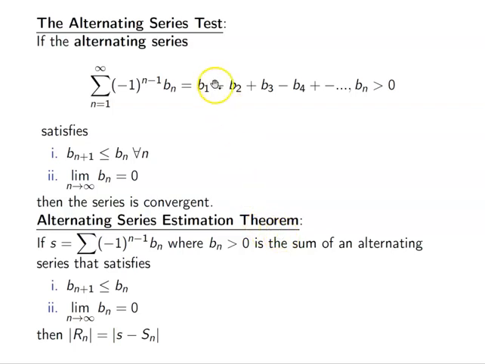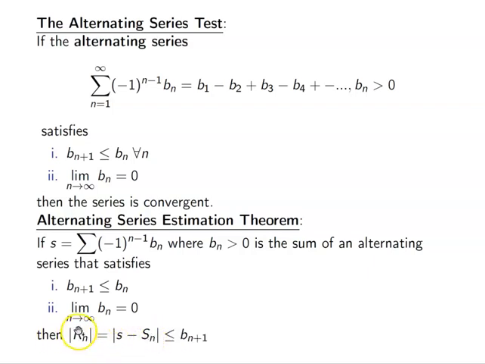We're adding a bunch of stuff, but we're adding positive and negative, so it's very possible that this remainder value can be negative, or that this difference can be negative. Our remainder is basically us adding up the rest of our terms and subtracting it from where we stop. We've seen this a little bit before.